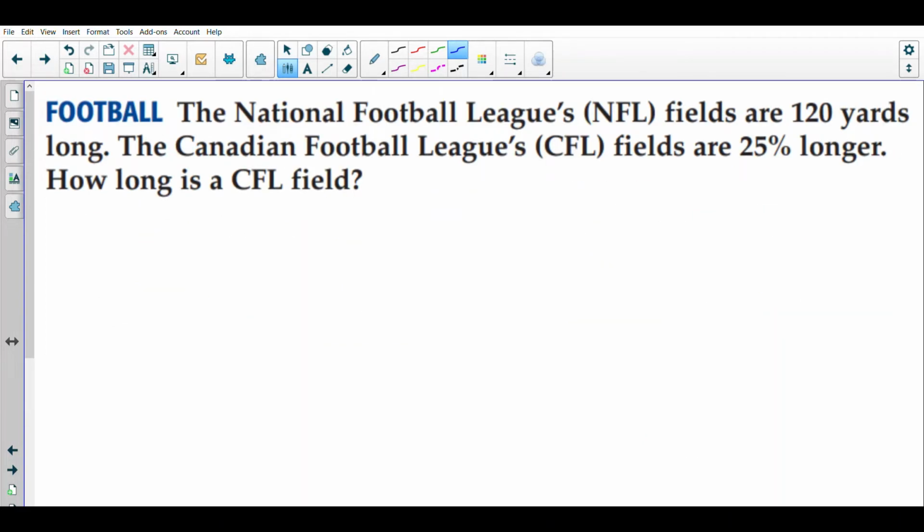Now, the National Football League's fields are 120 yards long. The Canadian Football League's are 25% longer. How long is the CFL field? Longer means it's an increase. So we take 25 percent and divide by 100, which gives us 0.25.